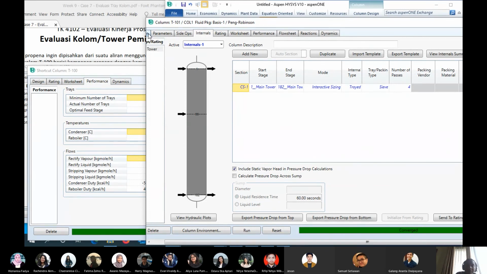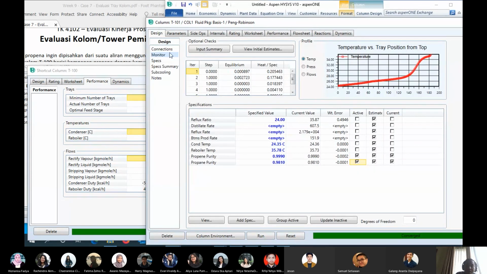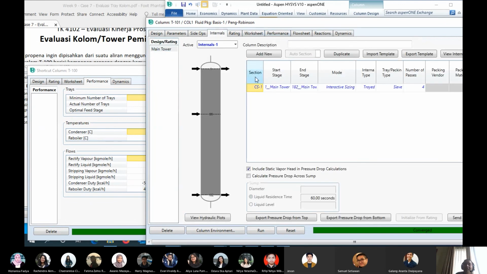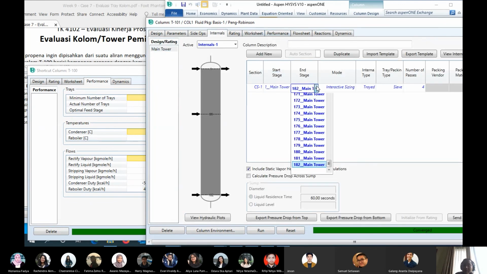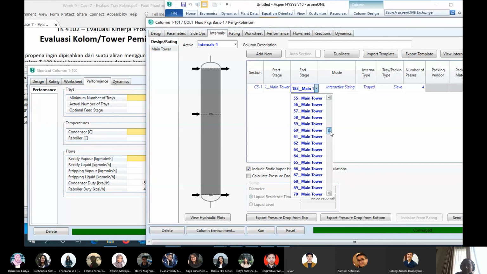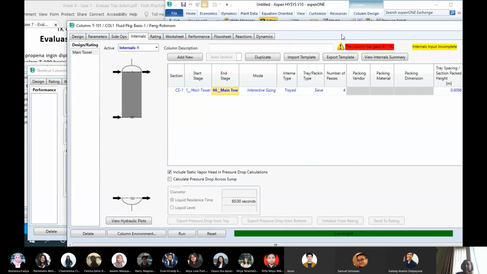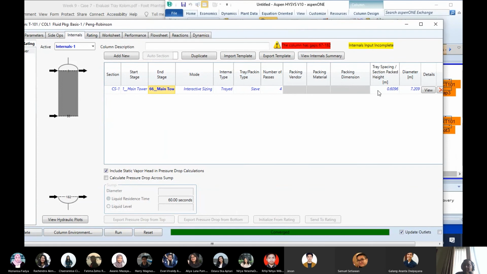Okay, what I have to do is go to the connection design. This one, the inlet, is coming from tray 66. So in the internal, I will start this one till the tray. For the tray spacing, it's already mentioned that the height is around 0.6.